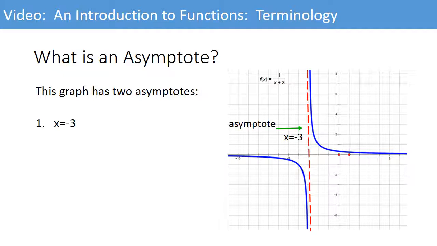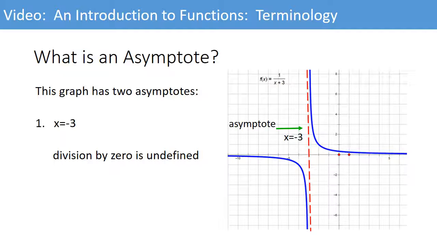But why is it an asymptote? First of all, we have to realize that you cannot divide by 0. So if the denominator x plus 3 becomes equal to 0, the function would be undefined. If the value of x was assigned as negative 3, negative 3 plus 3 would be 0, which would make the equation undefined.